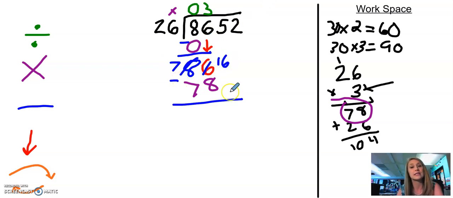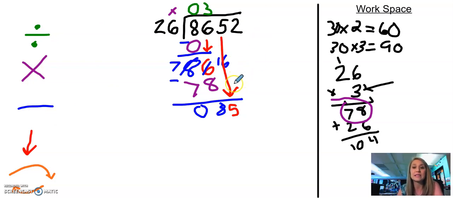Now I can subtract 16 minus 8, which gives me 8, and 7 minus 7 gives me 0. I have to ask, is 8 less than 26? It is, so I can bring down my next digit, which is a 5. And then I bring it on back and do it all over again.